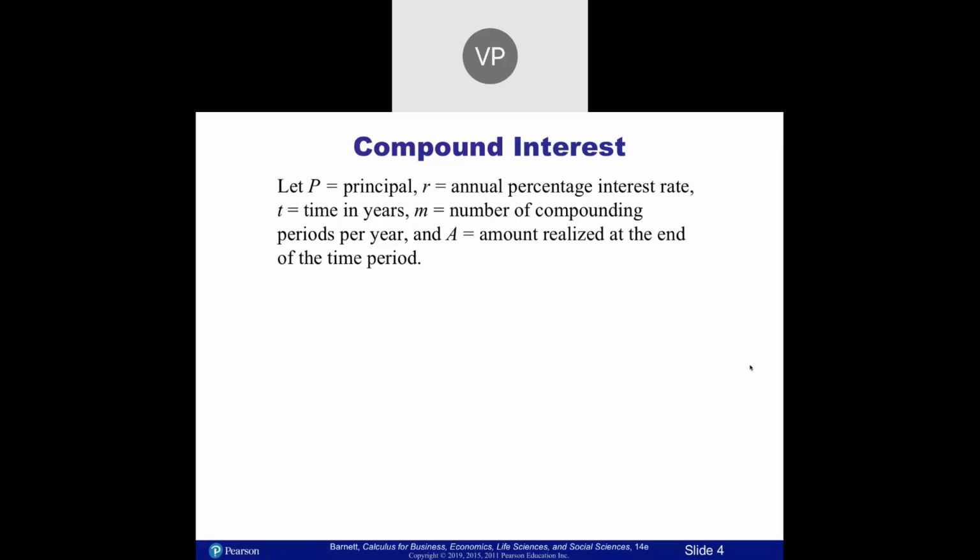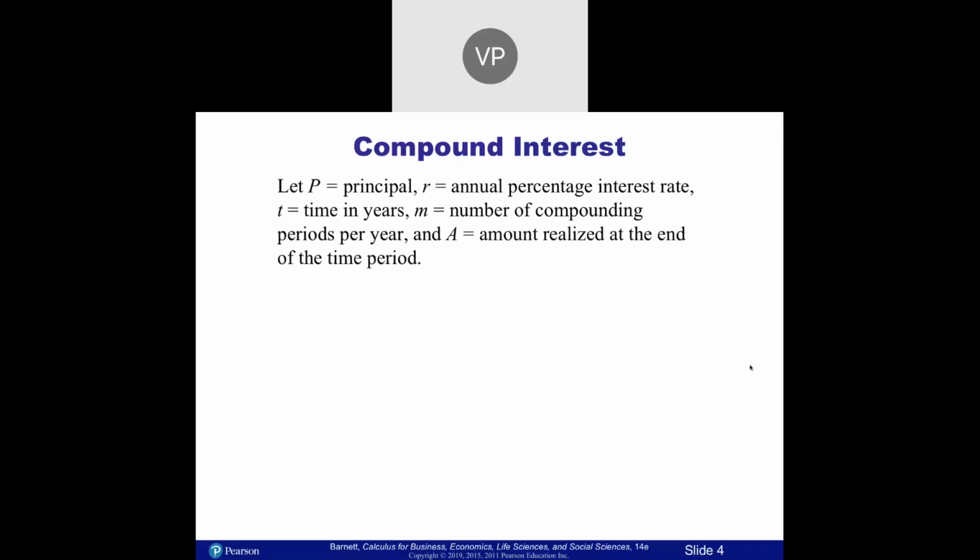Now, what I mean by that is if they tell you that you're getting interest monthly, then your M would be 12 because it's happening 12 times in a year. If you're getting interest quarterly, like some accounts do, then M is 4 because interest is calculated 4 times. Other things like certain credit cards or banks calculate interest daily.